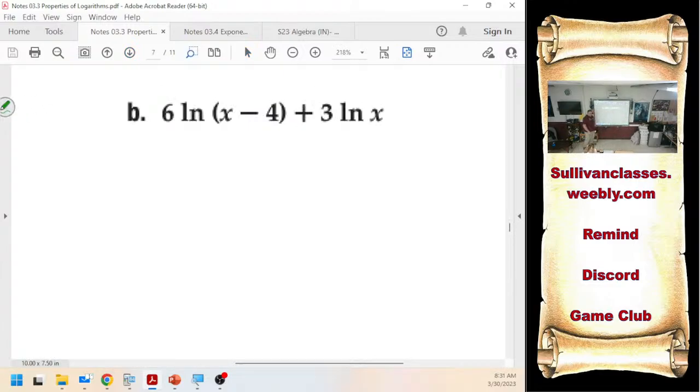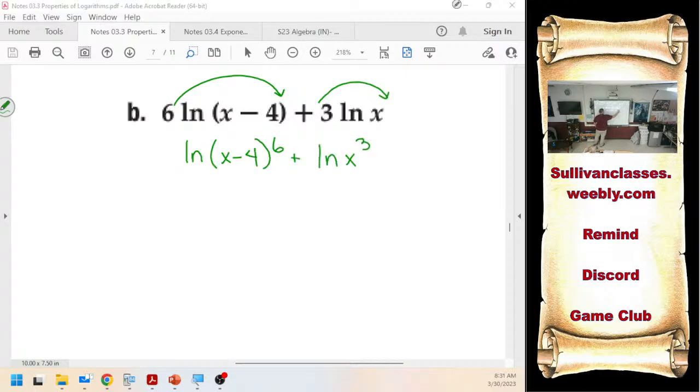If I'm going to condense things, I have to make sure that it's log of object. I can't have anything else there. So coefficients in front of the logs, I've got other stuff there. I need to get rid of the coefficients first. So we use our power property to turn that into the ln of (x minus 4) to the 6th. Turn that into ln of x to the 3rd.